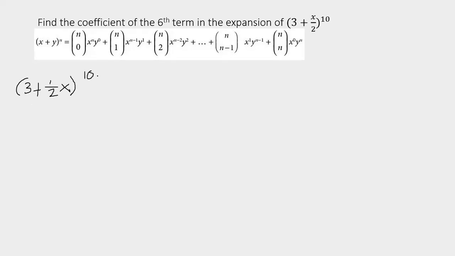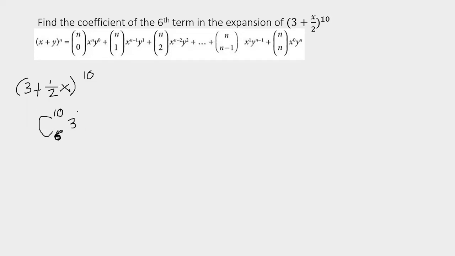It means n equals 10. If you are going to find the sixth term, it becomes 10 choose 5 here, 4 because 10 minus 6, and x here means 6, because it is multiplied by a half x.